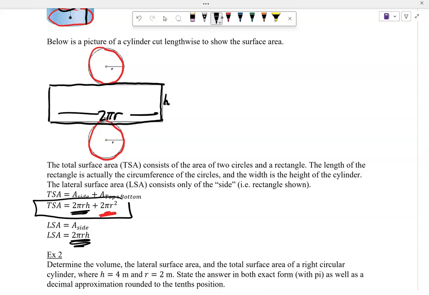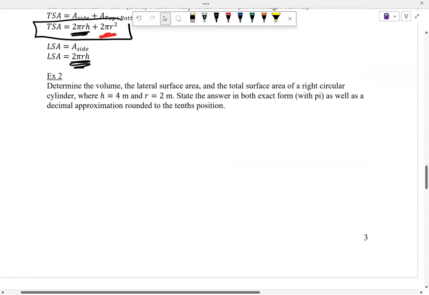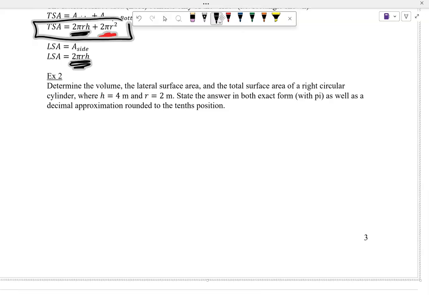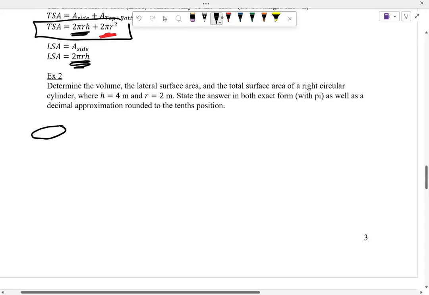Okay, so let's go ahead and do this example 2 here. Determine the volume, lateral surface area, and total surface area of a right circular cylinder. Let's go ahead and draw this right circular cylinder where we have a radius of 2 meters, and this height of 4 meters.